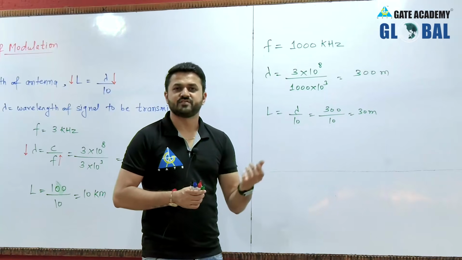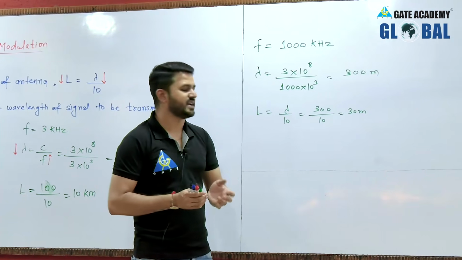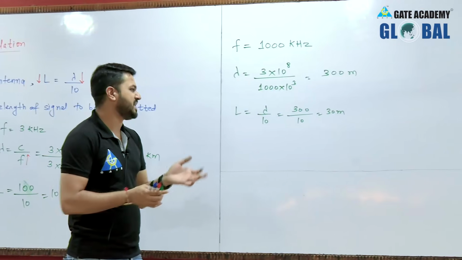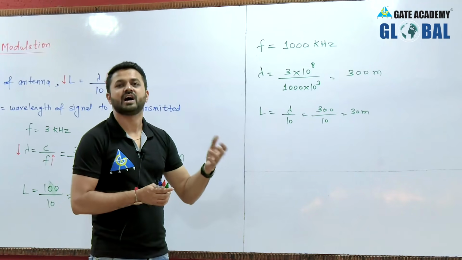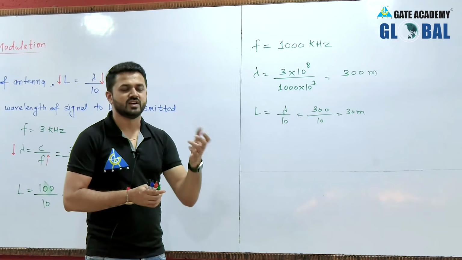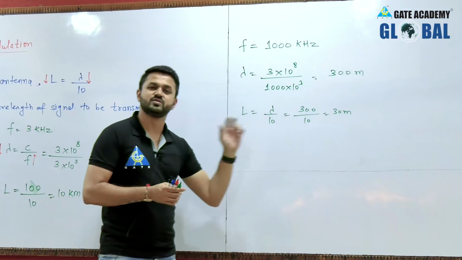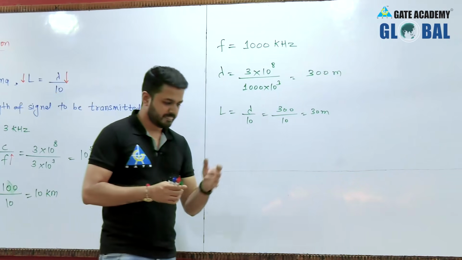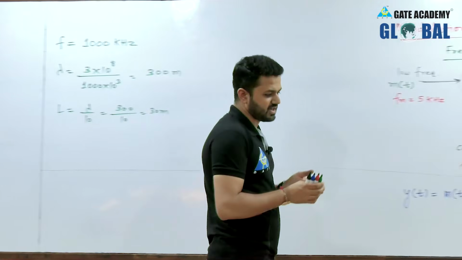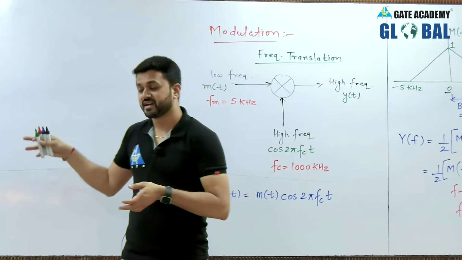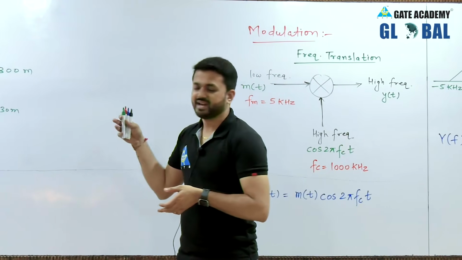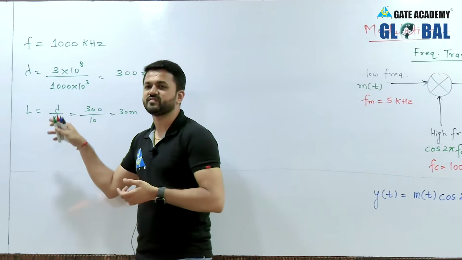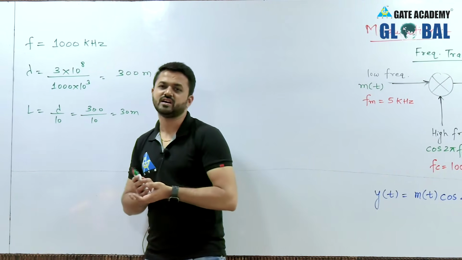If we increase the frequency further, the length of antenna can reduce more, but practically we will not consider very high frequency like gigahertz just to reduce the height of the antenna installed on the roof, because here we are using the wireless medium. It is not that we increase the frequency very much just to reduce the length of antenna.